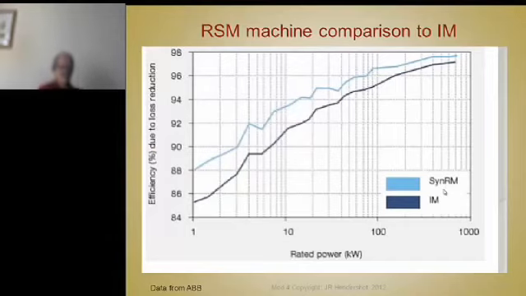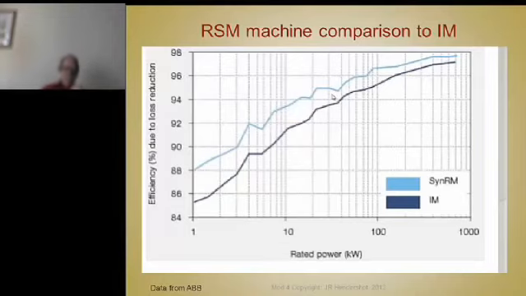And they've taken their standard induction motor product line. They use the same stator, and they've replaced the induction rotor with a RSM rotor using the same stator and their line of inverters, and plotted this efficiency due to reduction in losses.